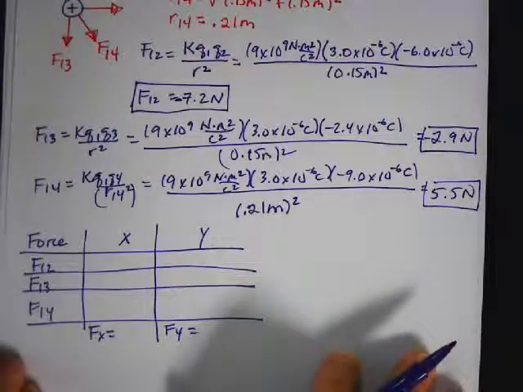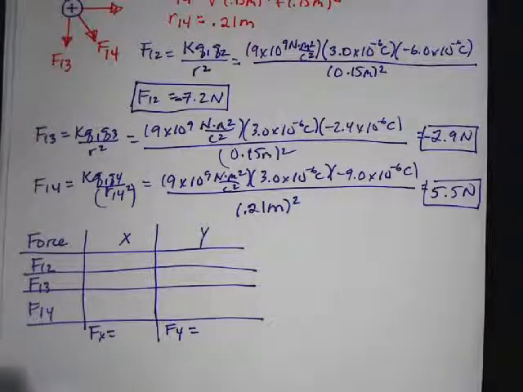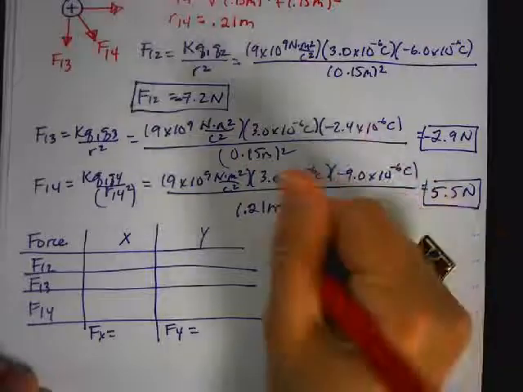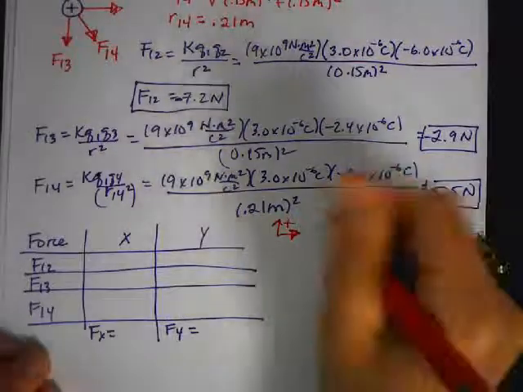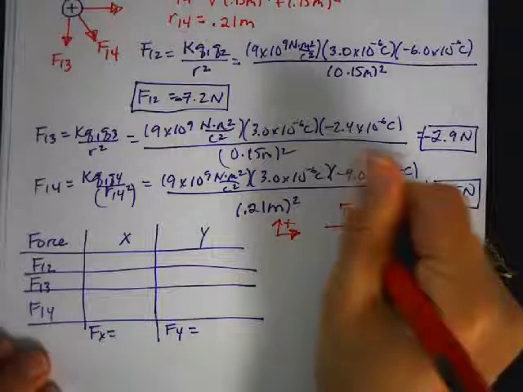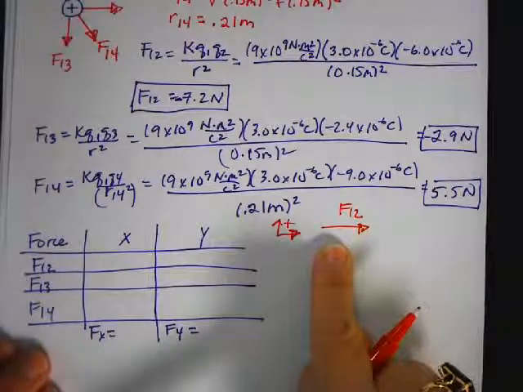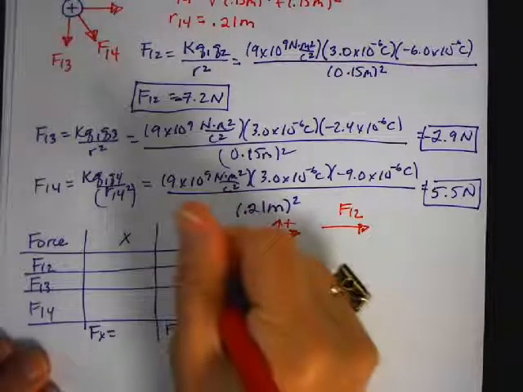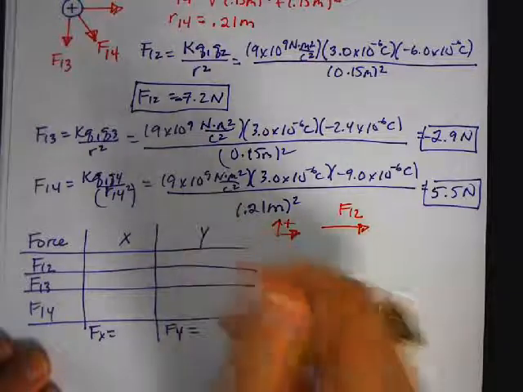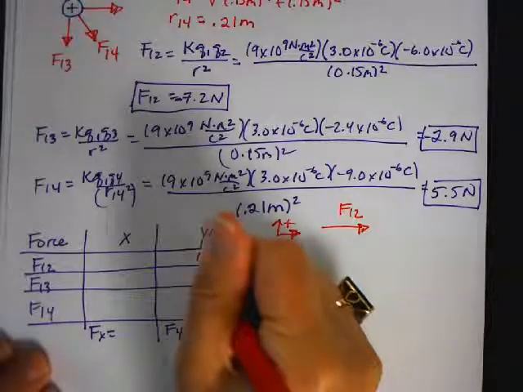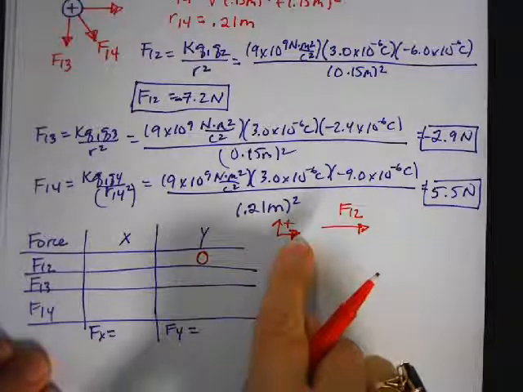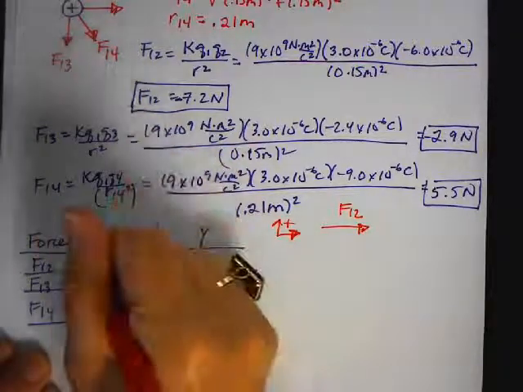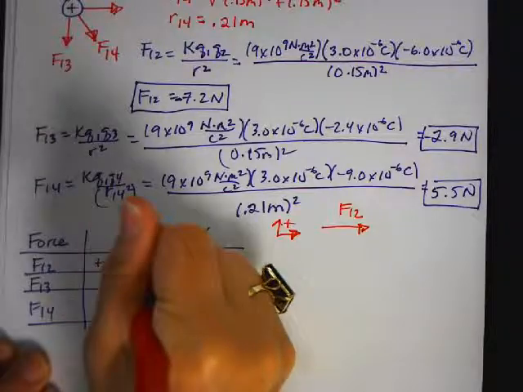Remember, when we're doing this, we have to establish our sign convention. So our sign convention is up and to the right is positive. So F12 looks like this. F12 has no vertical component, it's all horizontal. So F12, the y component, is going to be 0. And the x component is going to the right, which I call positive, so this is going to be 7.2 newtons.